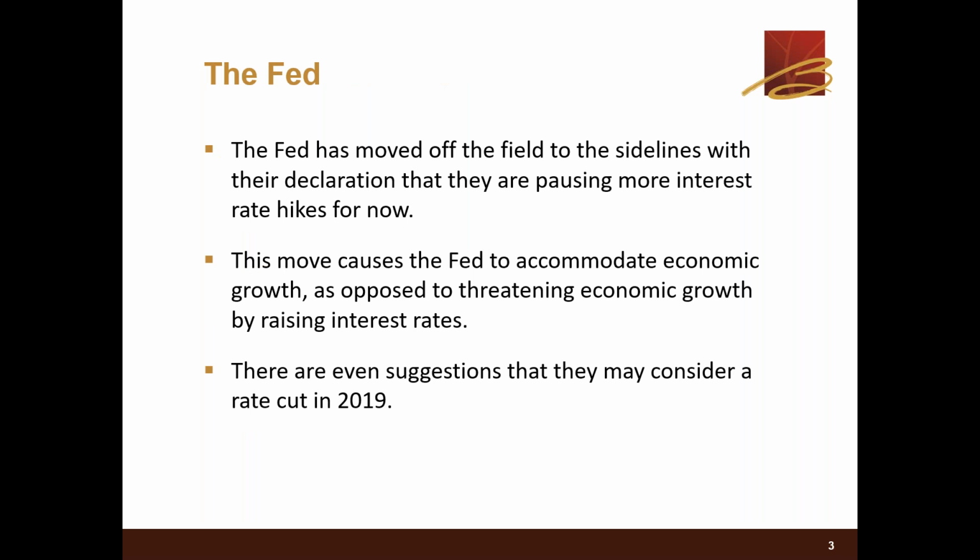So we're going to start by dealing with the U.S. Federal Reserve and the issue of interest rates. This first point is important. The Fed has definitely moved to the sidelines with what were considered threats of their process of raising interest rates, perhaps too aggressively, which the market was very concerned about.